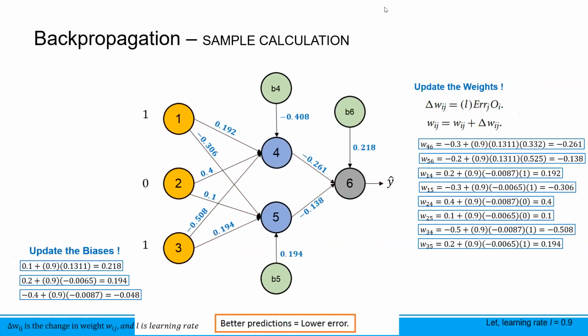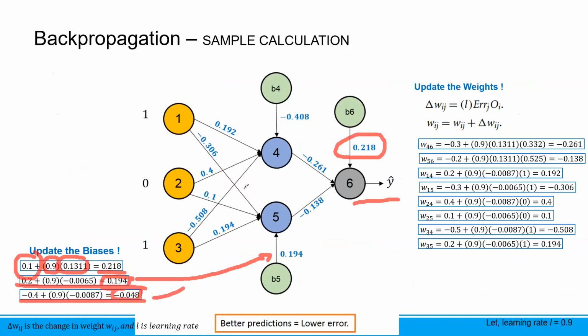Then this will be 0.1, the previous bias, plus 0.9, which is the learning rate, multiplied by the error. This is the error in node 6. So the new bias will be 0.218. And so on for this one, 0.2, and this is minus 0.4. So after we have the new biases, we put them into the respective nodes.